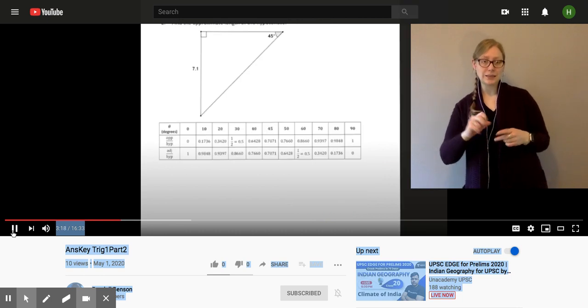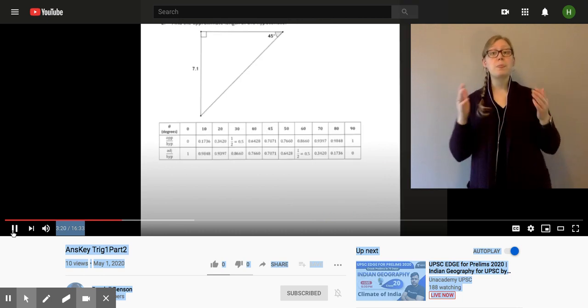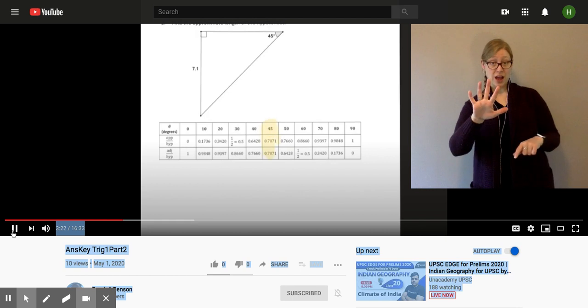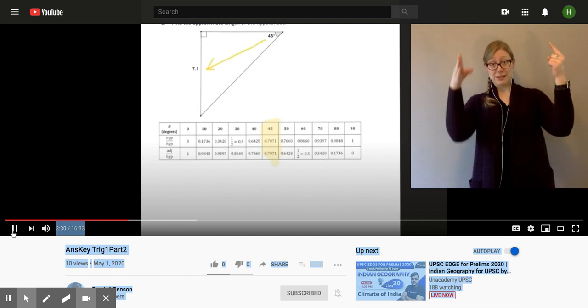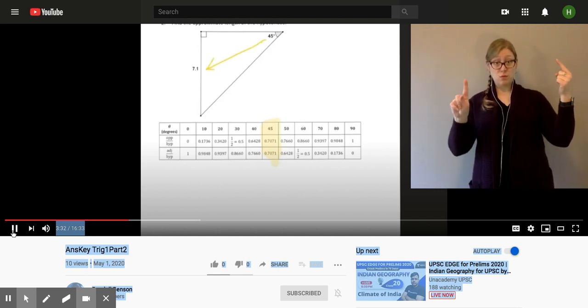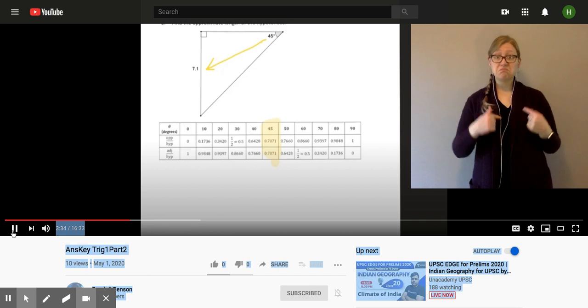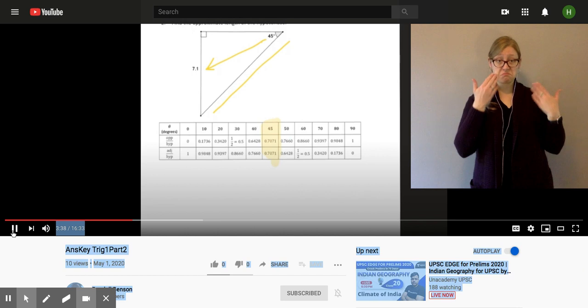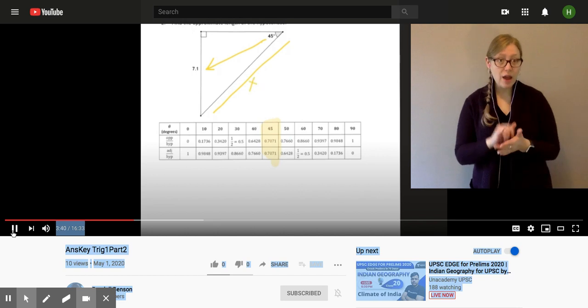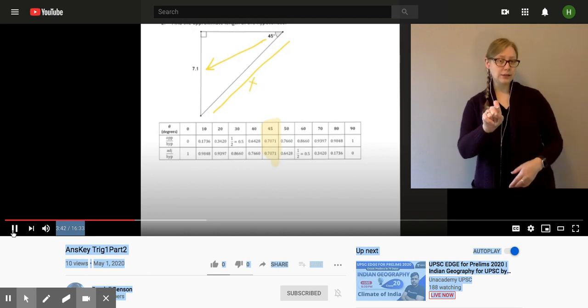The next angle we're interested in is 45. So here's our column with 45 degrees. And I can see on here that the opposite side is 7.1. I do not know the hypotenuse, but that's what I want to find. So we're going to give that a variable x. And so how are we going to do this?